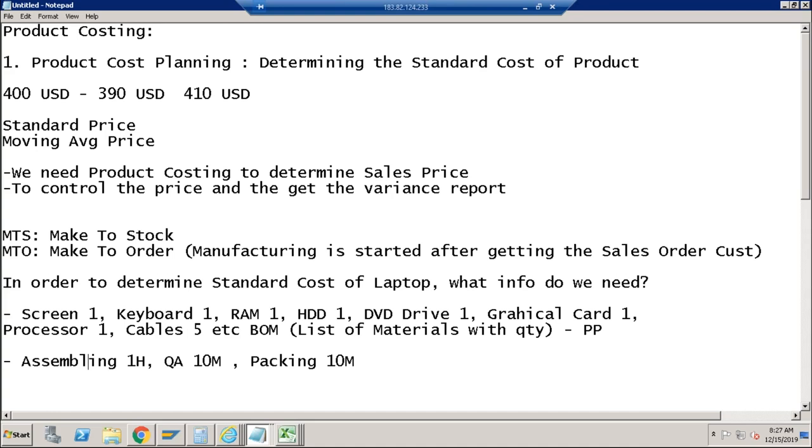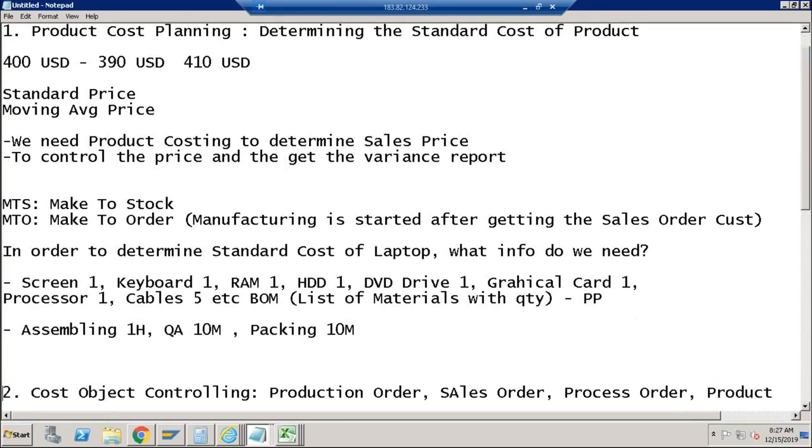So what you need to know is how much is the cost of assembling, how much is the cost of quality, and how much is the cost of packing. So this information we have to enter somewhere. Once we get this information, how much activity is required and how much time is required, this list of activities is called routing.